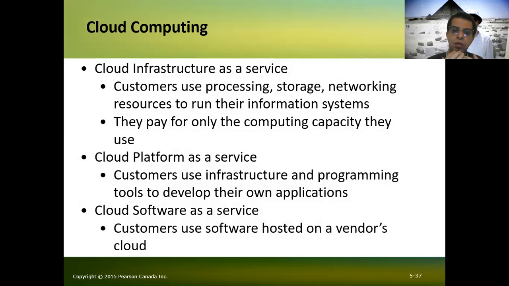Then cloud platform as a service, where customers use the infrastructure and programming tools to develop their own applications. And then cloud software as a service, where customers use software hosted on a vendor's cloud. So you put your software hosted there, or sometimes they have their own software, and you have access to it to run your business.